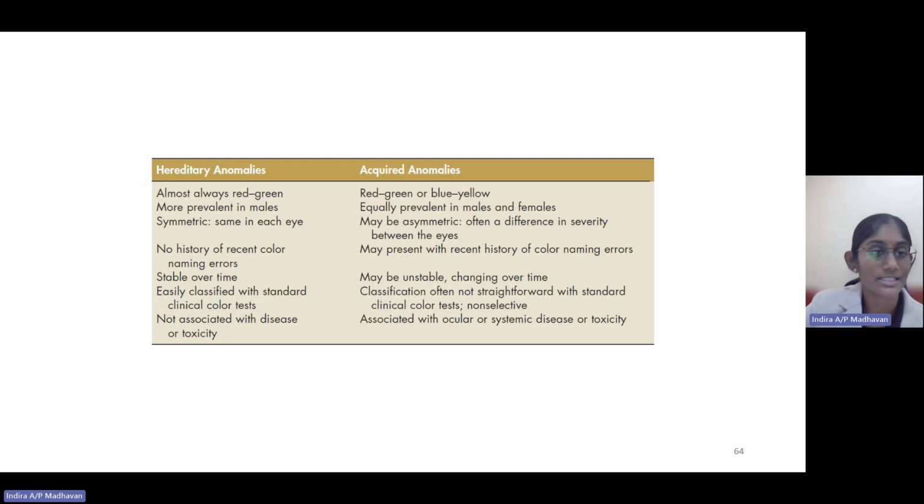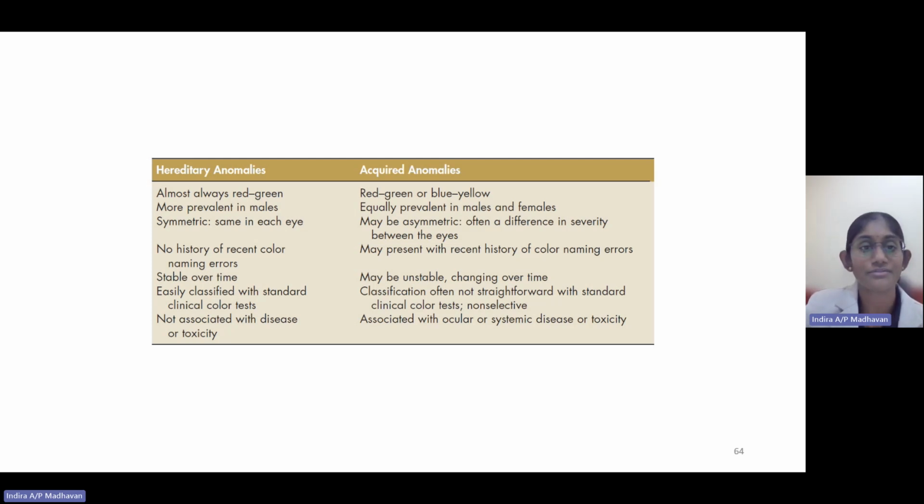Also, congenital is easily classified with standard clinical color tests. With color vision tests like Ishihara plates, once you attempt that, usually you are able to classify the patient without much struggle.